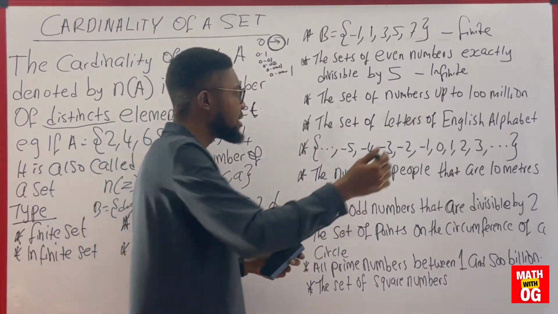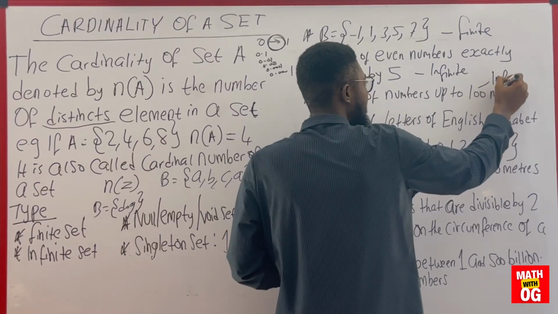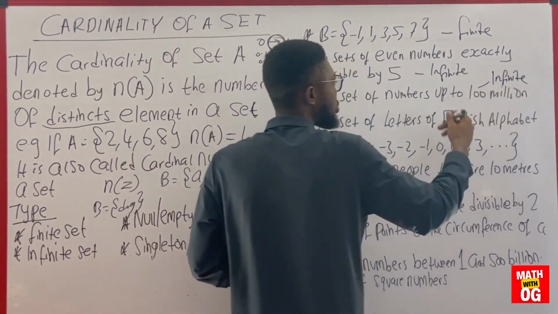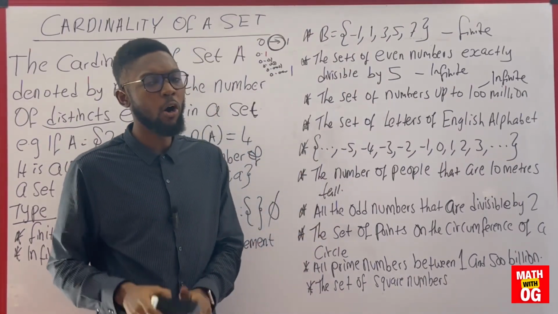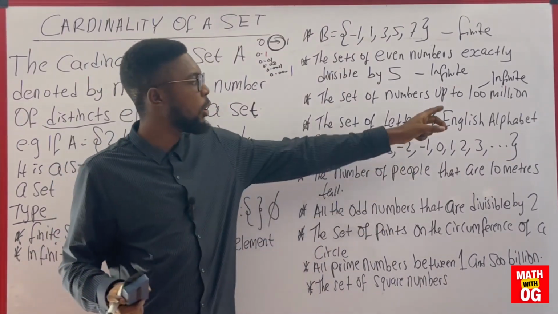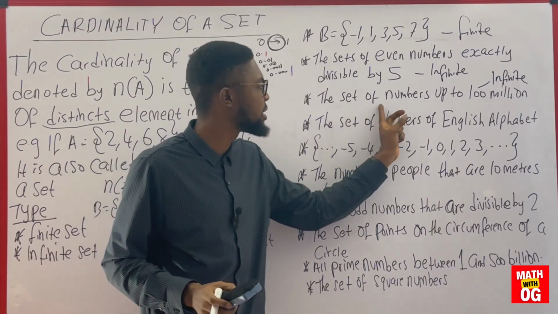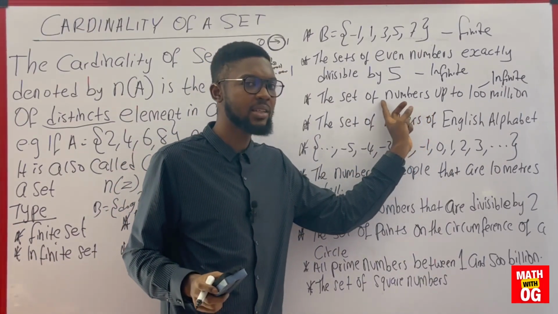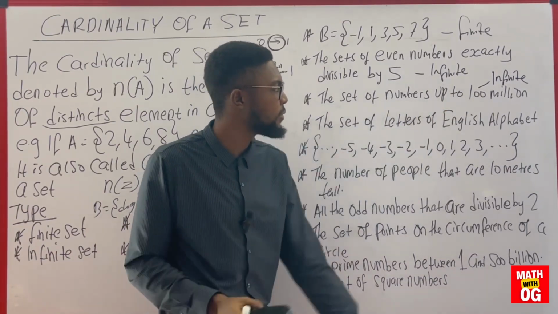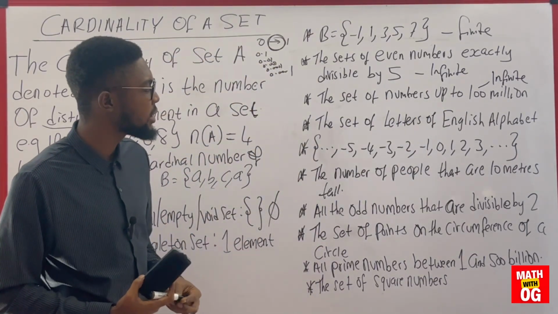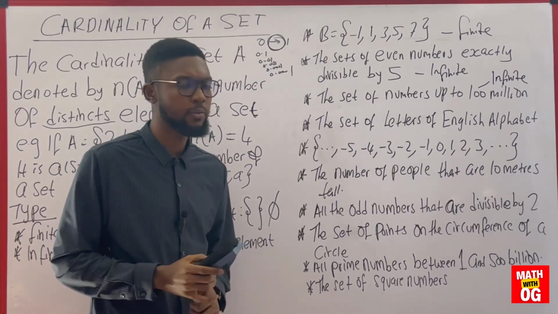It is obvious that we have an infinite amount of numbers up to 100 million. However, we have a finite amount of positive integers up to 100 million. But since they just gave us numbers here, that is rational, irrational, fractions, we have an infinite amount of numbers.